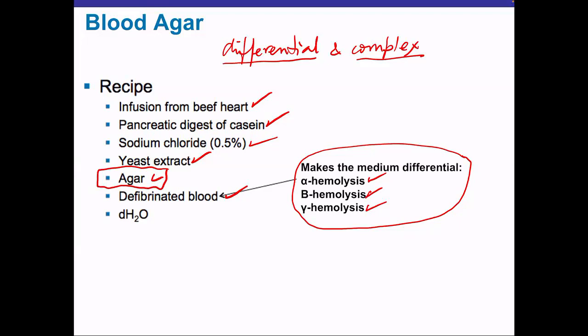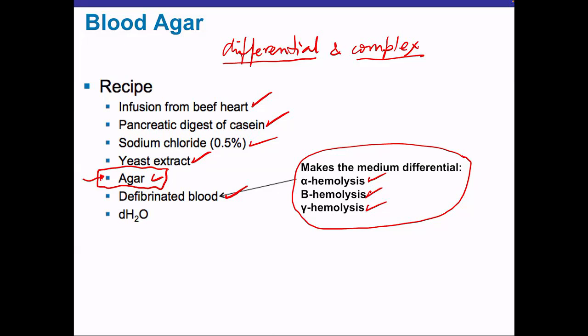It is used to create that semi-solid medium that we have there. It's not a source of carbon or energy. The main purpose of adding agar to the medium is to provide an ingredient that will help solidify that medium.